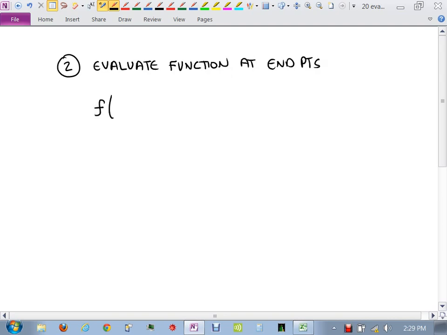So what are the two endpoints of the interval? 0 and 4, right? Now 0 should be easy because this is a polynomial. At 0 you get 5. And at 4 you get, anyone do 4 yet? 93?